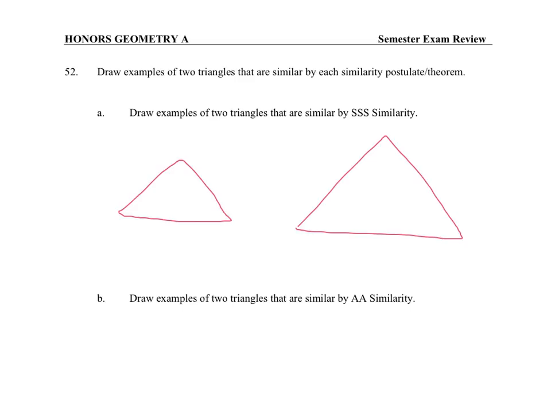So I could pick a triangle that has sides 1, 2, and 3 and make up a scale factor, let's say 10. So this side would be 10, 2 times 10 is 20, 3 times 10 is 30. So here are two triangles that are similar by SSS similarity. All of my corresponding sides are proportional by a scale factor of 10.